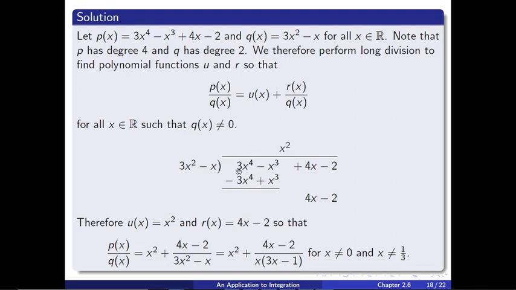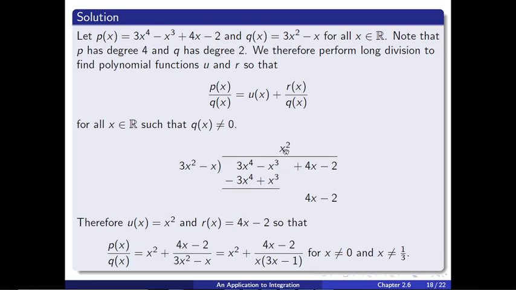So we start off, and we can see that we've got 3x squared here, and then there we've got 3x to the 4. So if we divide this, we see that we get x squared, and then we put the x squared here, we multiply it on this side, and we get 3x to the 4, which is here, plus minus x cubed, like that.